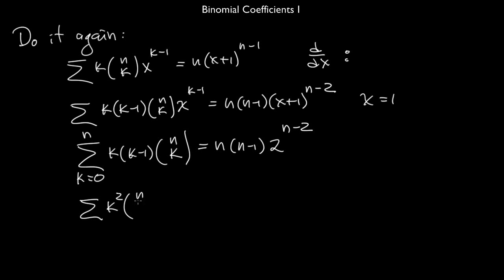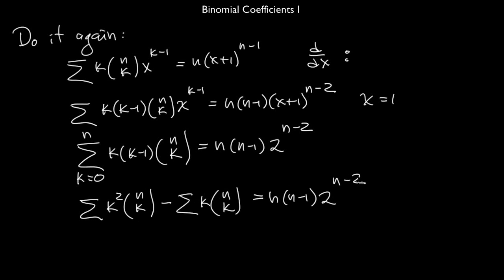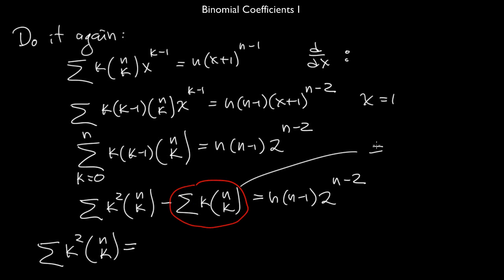But you can make it work. So if you split this up into two terms, you get k squared minus k times these sums is this thing. And that says that summation k squared n choose k is equal to, well, this thing I know. That's the previous result. So I can bring that to the other side.